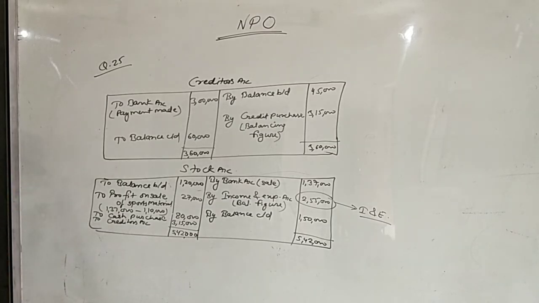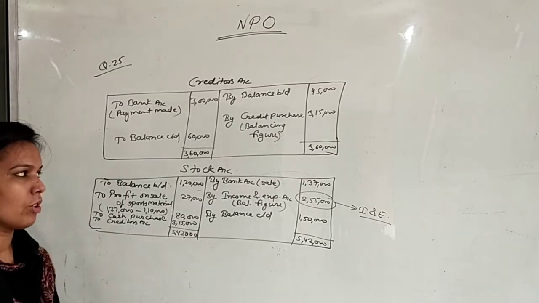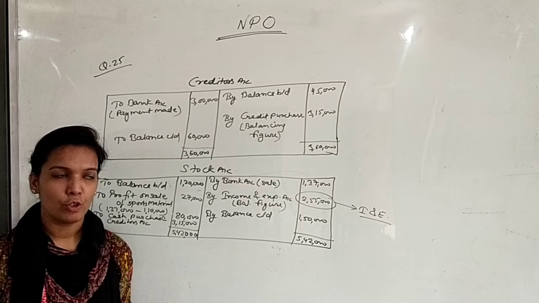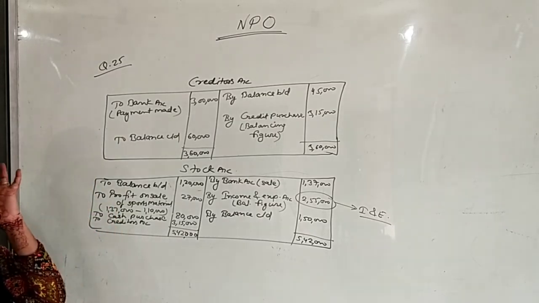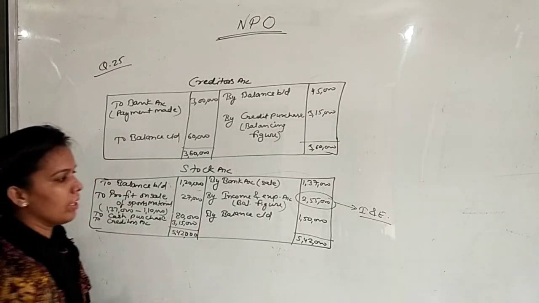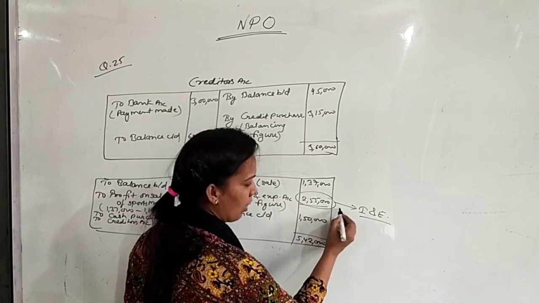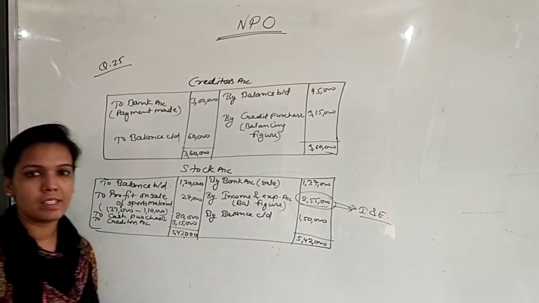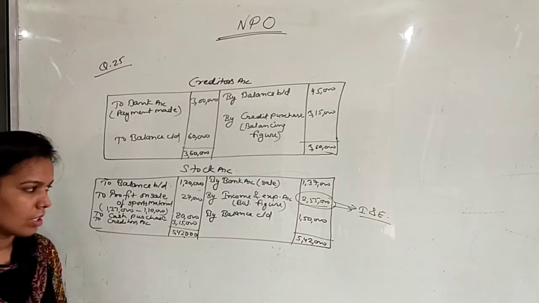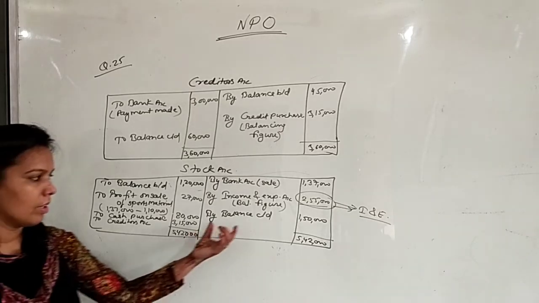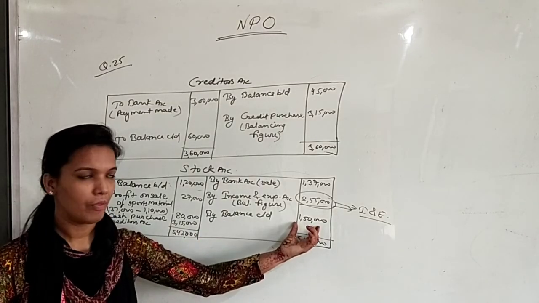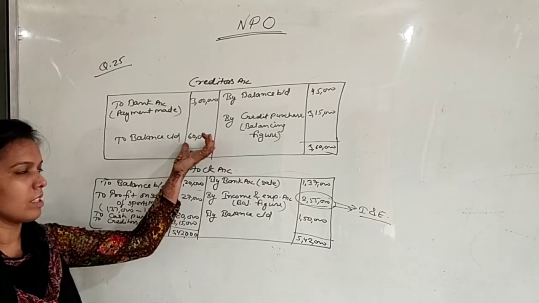Okay, now again I am telling you the summary of this question, because the question was how will you treat the following items. So the final answer is 2,55,000. This will be shown on the debit side of income and expenditure account. Second point, by balance CD, this is 1,50,000, or to balance CD, this is 60,000.